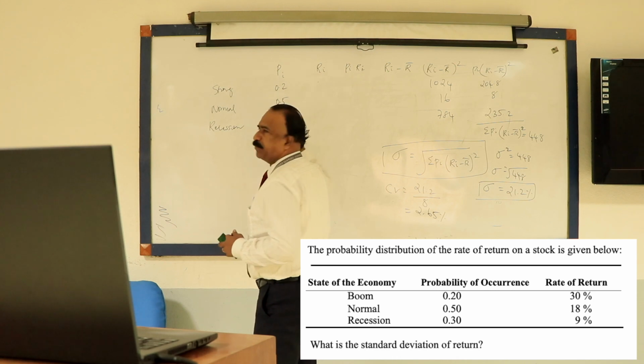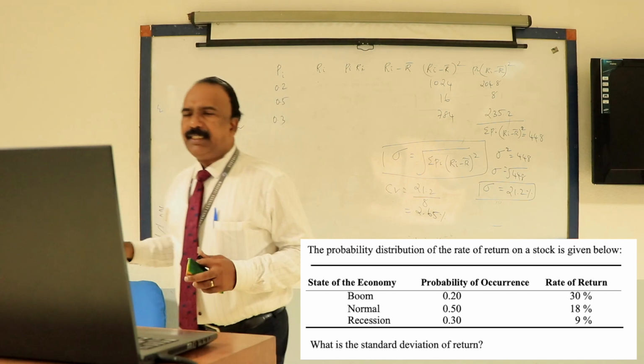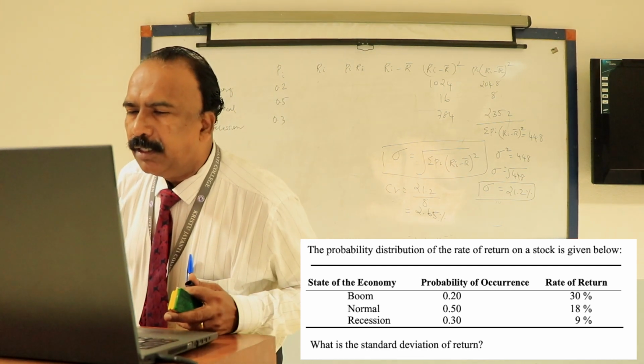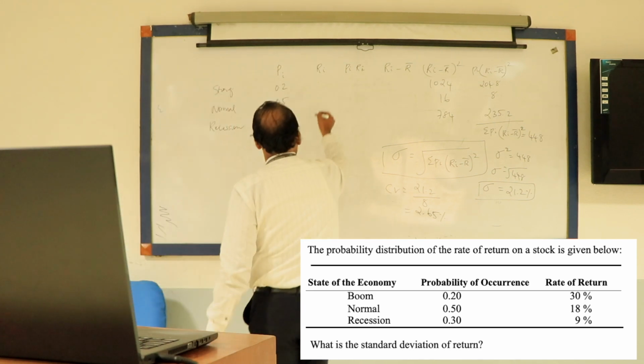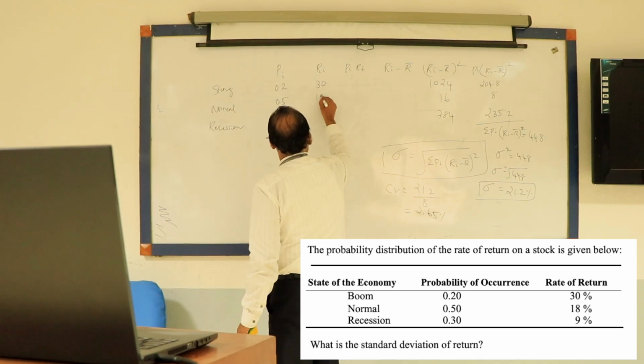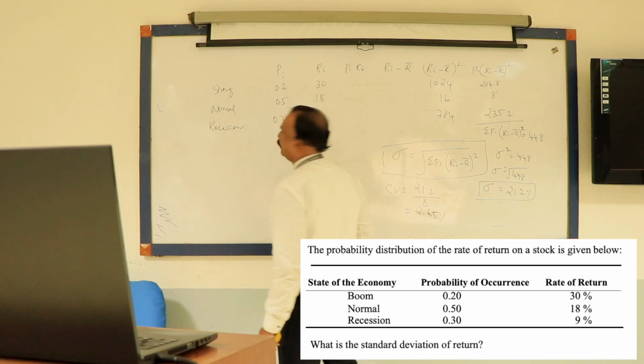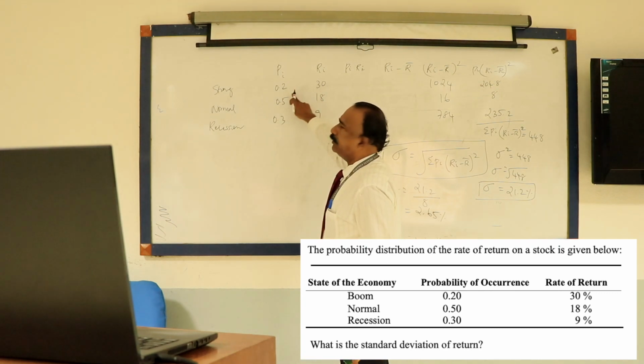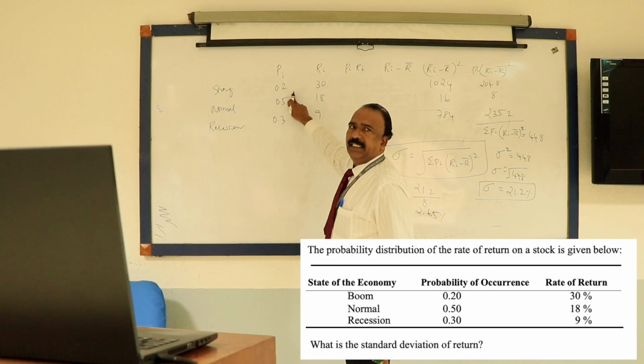The sum of probability must be 1. The returns are 30%, 18%, 9%. Multiply the probability with the return.